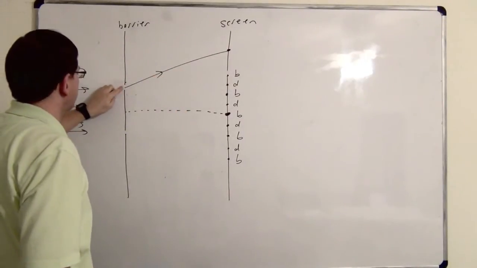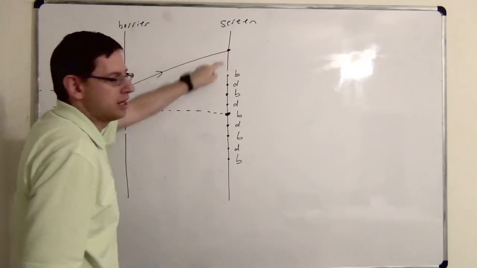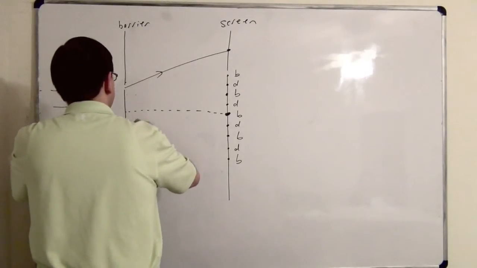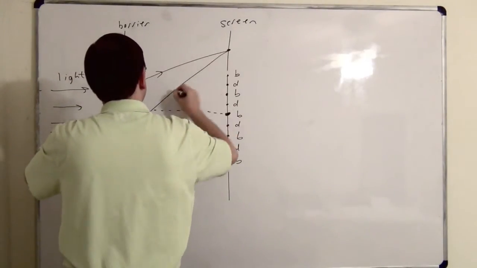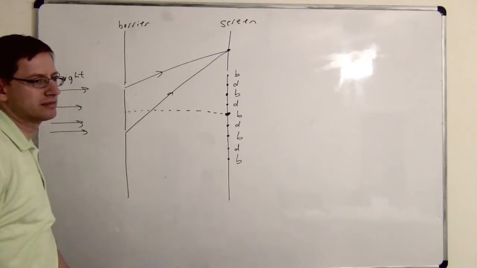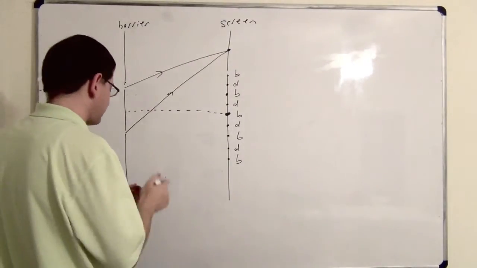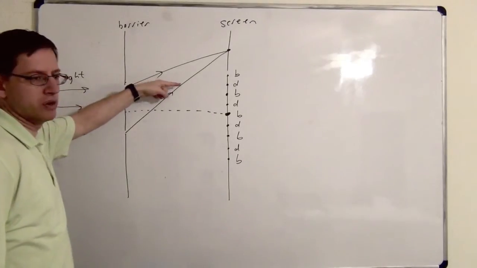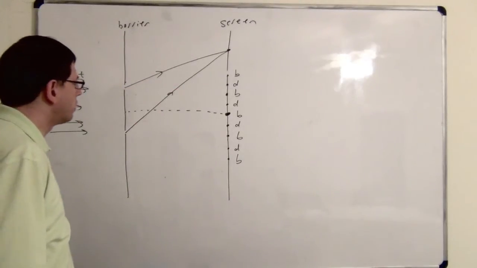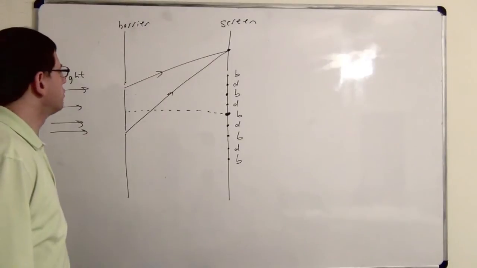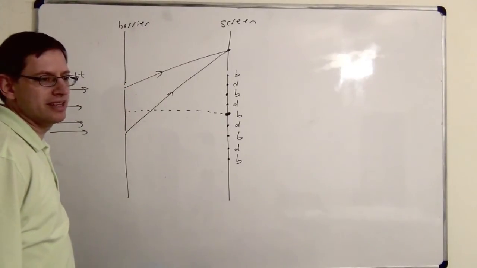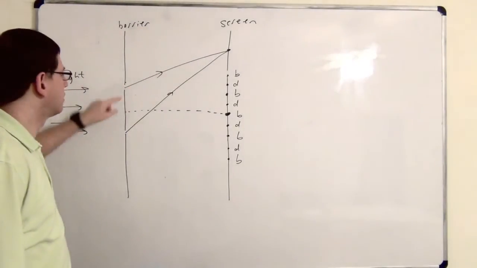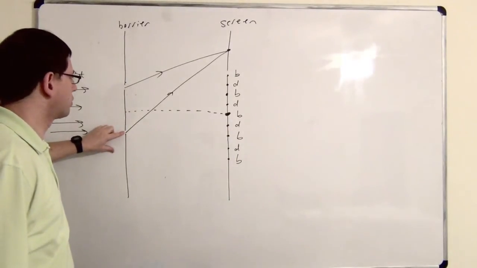So some of the light from this slit will hit this point, but also some of the light from this slit will hit this point. As we said, the light won't just go straight horizontally through the slits. It will go in all directions. Do these two light rays travel the same distance? No. Which one is going the longer or the shorter distance? Longer.